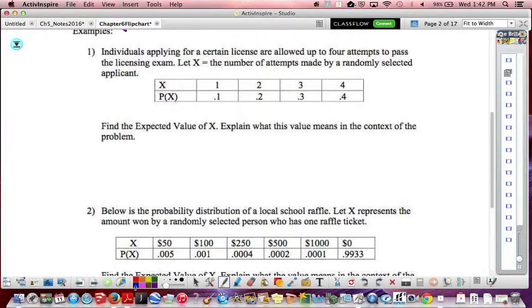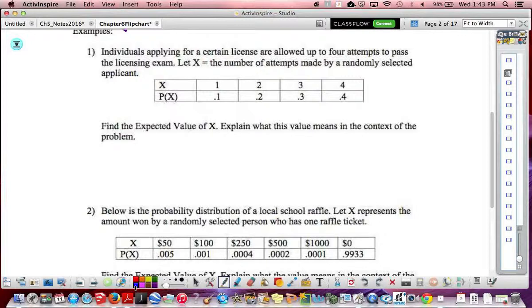Or they could be becoming a teacher. And I know I had to take a test too. I passed on the first time, thank goodness. It says, let X equal the number of attempts made by a randomly selected applicant. So they allow you up to 4.